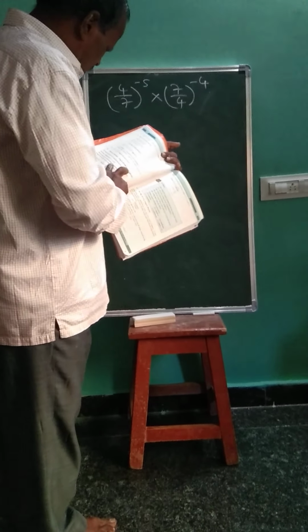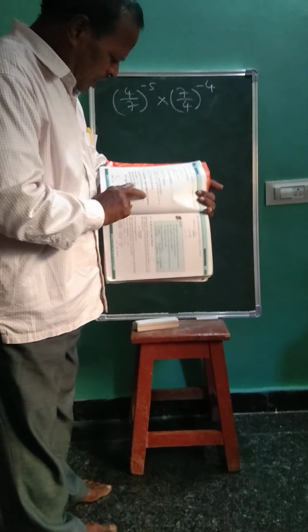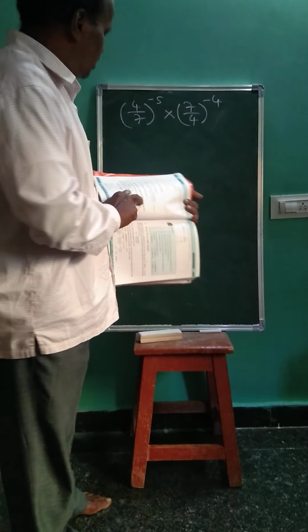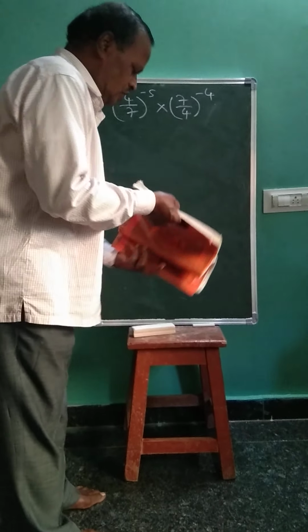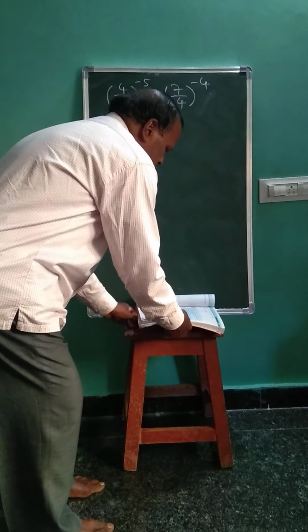This is problem number 10. Here also we have to simplify and write the reason. Here it is 4 by 7 and 7 by 4.